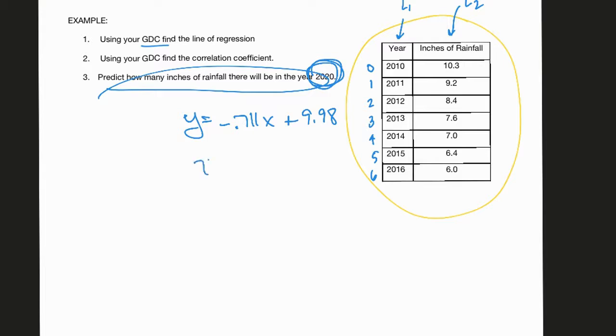I'm going to put in x equals 10. If you remember, we let the year 2010 be year 0, so you have to adjust what we're putting in. If you plug 10 in here and use your calculator, you'll get a prediction of approximately 2.87 inches of rainfall.